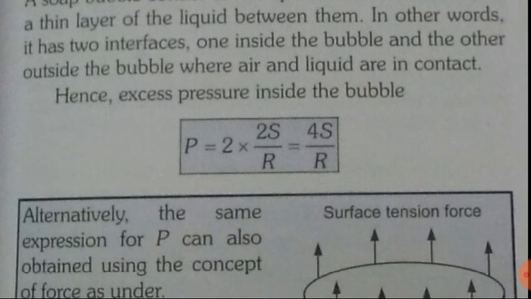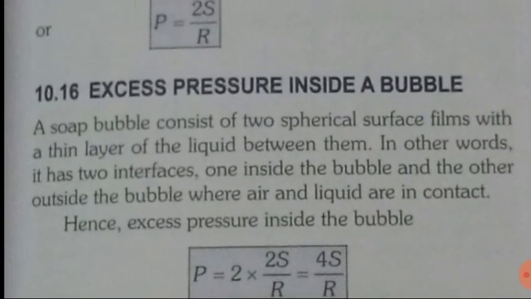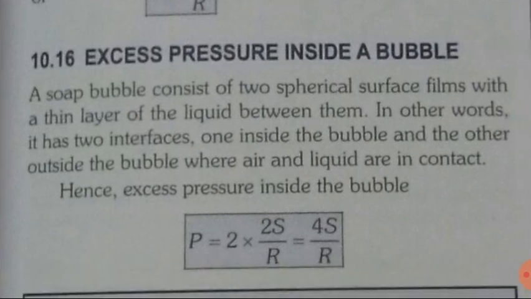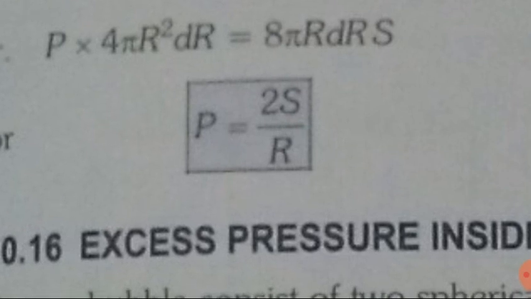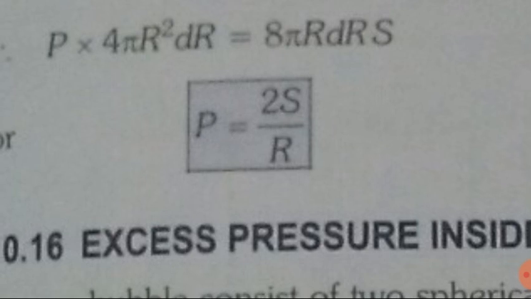Now suppose this bubble we are talking about is inside a liquid. Sometimes you might have seen that inside a liquid also some bubbles are formed. If the bubble is inside the liquid, then the bubble has only one free surface, that is inside the bubble, since the liquid is present outside. So again the pressure will be P equals 2S upon R only, because only one free surface is there.